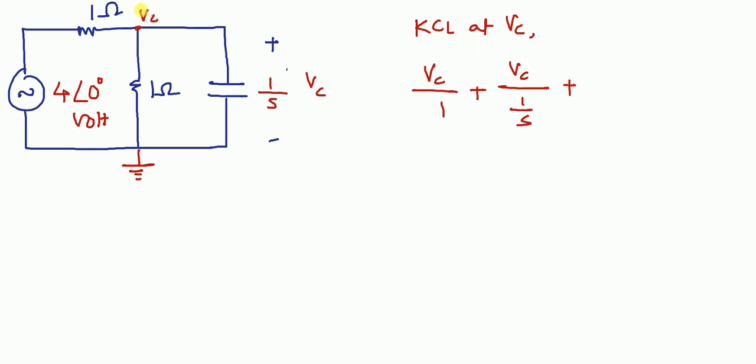And this VC is unknown, so we'll assume that VC is at higher potential, and current will leave from VC to this current source, voltage source, (VC minus 4 at an angle 0) over 1.